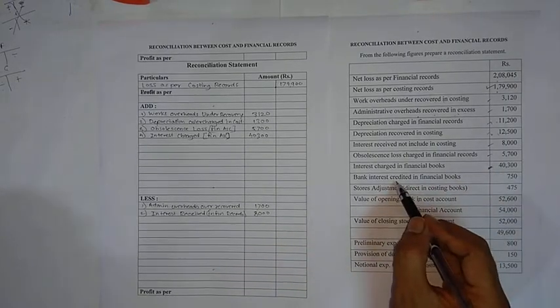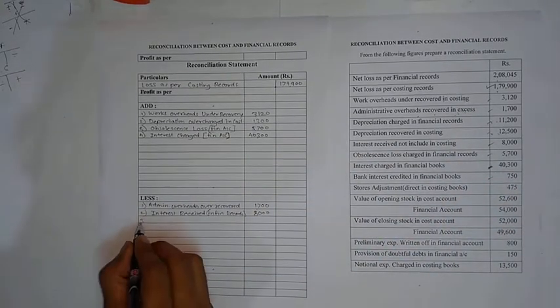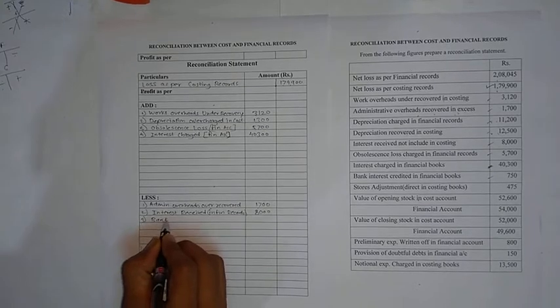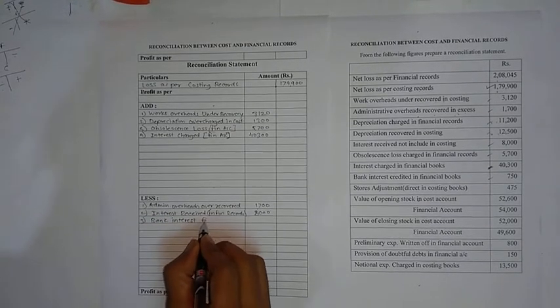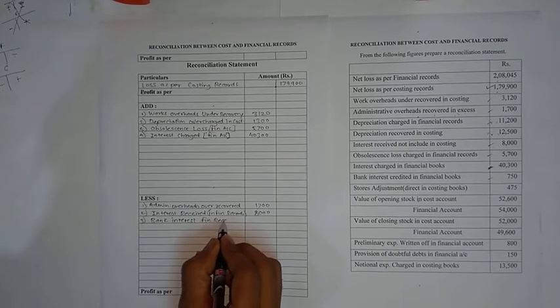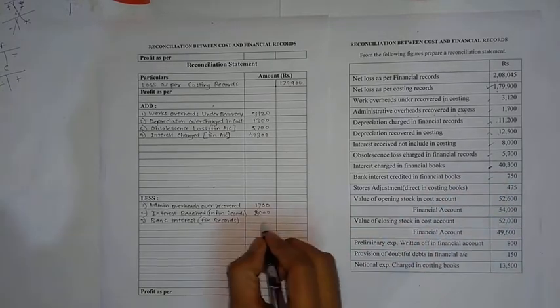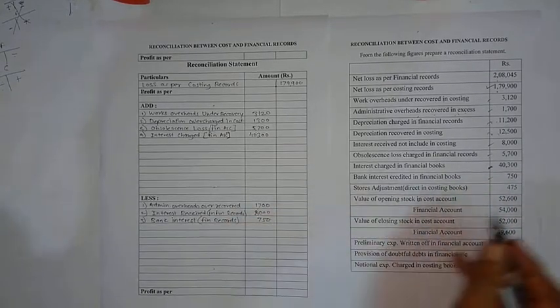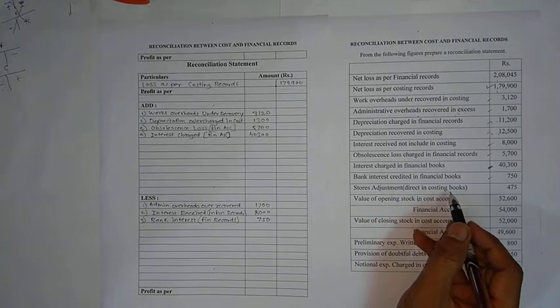Next is bank interest credited in financial books. It is again income received recorded in financial books only. It will be deducted. Bank interest only in financial records, it will be deducted 750. Then stores adjustment direct in costing books.